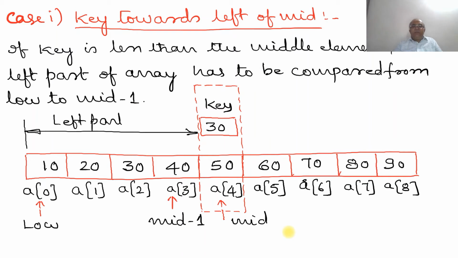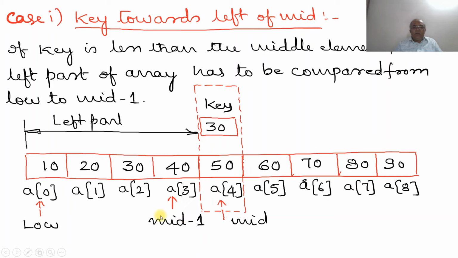Suppose the key element is not at the mid position, then what happens? The first case is the key being towards the left of mid. That means either we search on this side or on the other side. Let us take the left side first. If key is less than the middle element, the left part of the array has to be compared, from low to mid minus 1. Why?